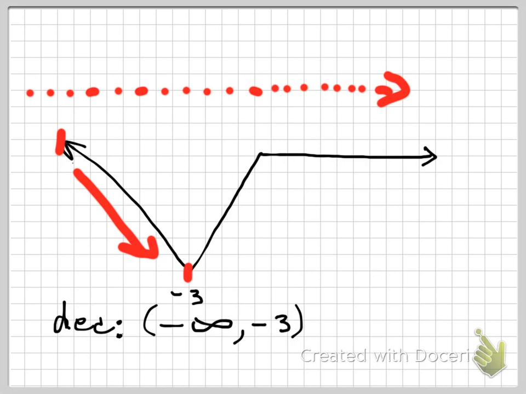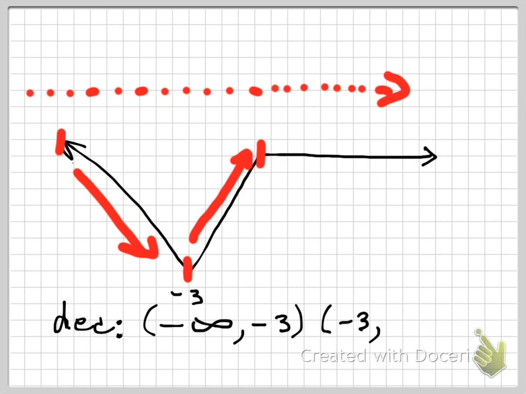Now, from this point, however, from there to there, it's not going down, it's going up. So I need to know from here to there what it's doing. Well, I already know that this little point down here is negative 3, and you can read that from the graph, and they also give you the points.